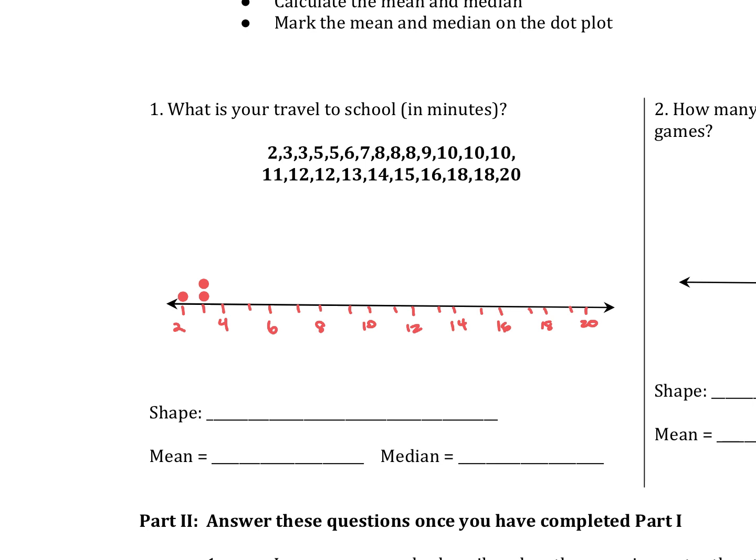I have 2 dots for 5, 1 for 6, 1 for 7, 3 for 8, 1 for 9, 3 for 10, 1 for 11, 2 for 12, 1 for 13, 1 for 14, 1 for 15, 1 for 16, 2 for 18, and 1 for 20.